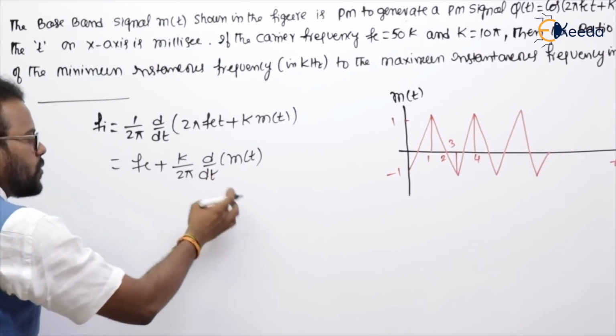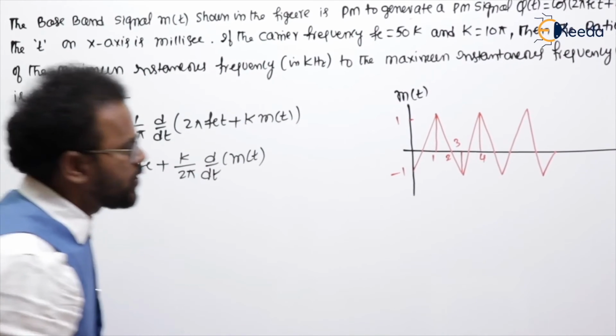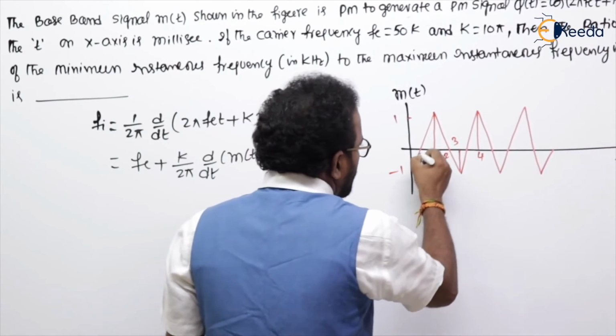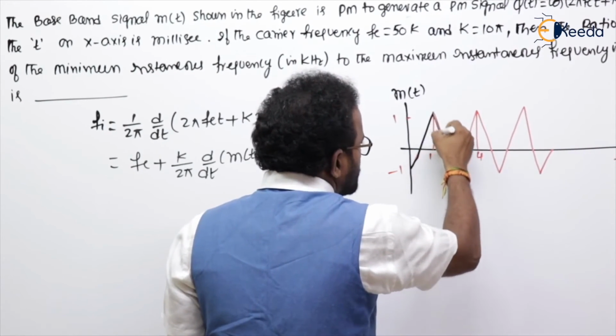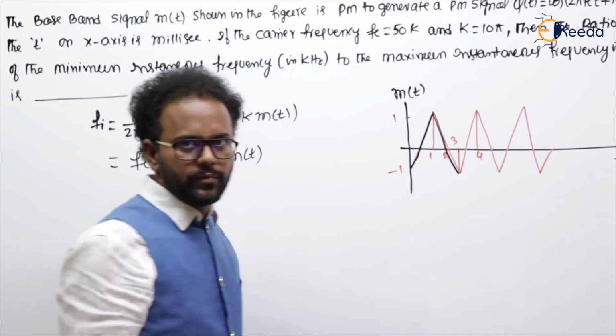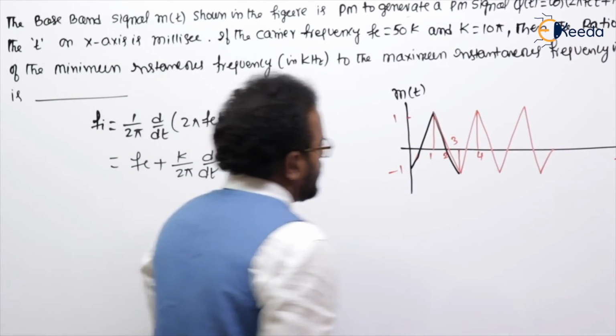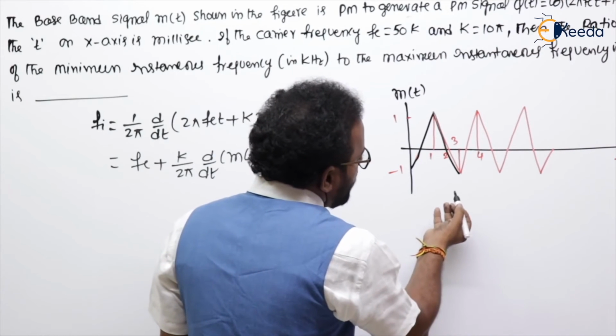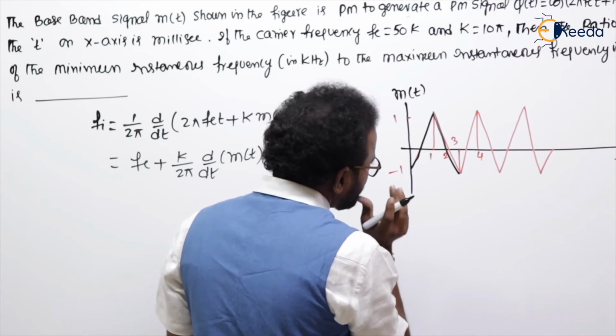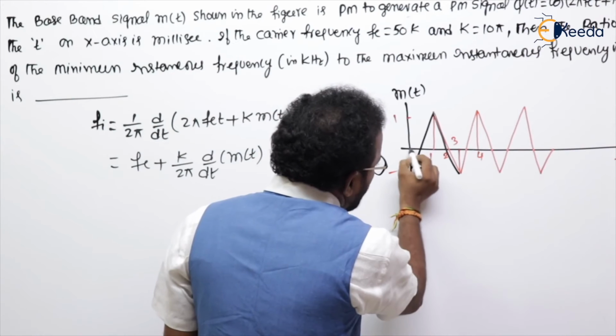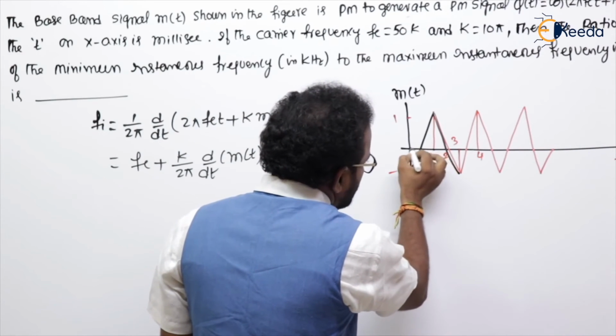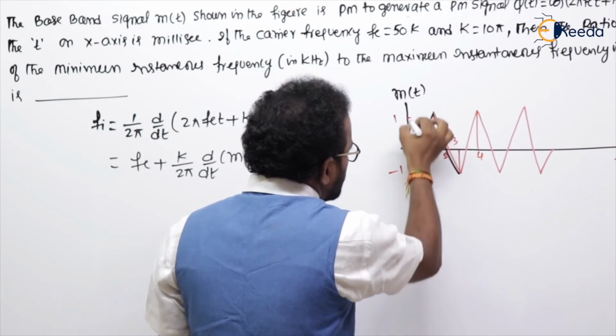D by dt means what? Slope. Calculate the slope of this. This is an increasing one and this is a decreasing one. The increasing one goes from 0 to 1, so the change in x-axis is 1 and in y-axis is 2.